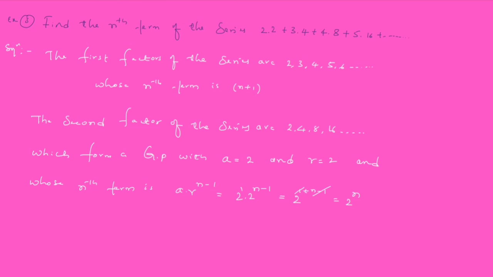So now the nth term of the series, therefore, Tn equals first factor's nth term n plus 1 times the second factor's nth term 2 to the power of n. Therefore the nth term is (n plus 1) into 2 to the power of n, right?